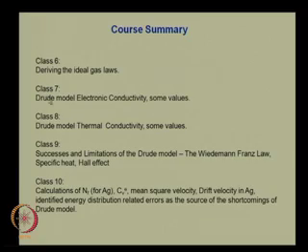The first model that we looked at in detail was the Drude model for electronic conductivity, and particularly how the Drude model helped to explain electronic conductivity, what trend it gave, and the values for electronic conductivity for various materials. That was the focus of our class here, and we compared what the model predicted with several experimental values, and found that it actually did a very good job in explaining electronic conductivity.